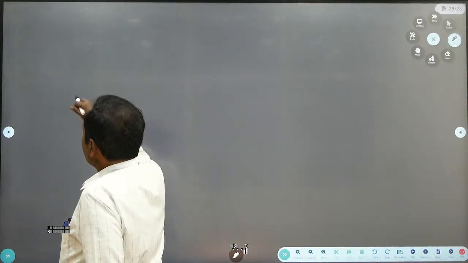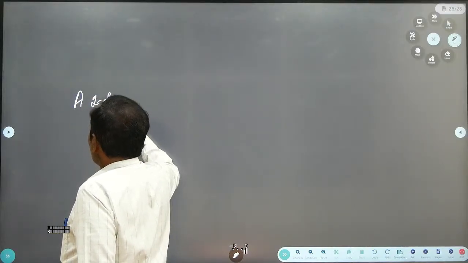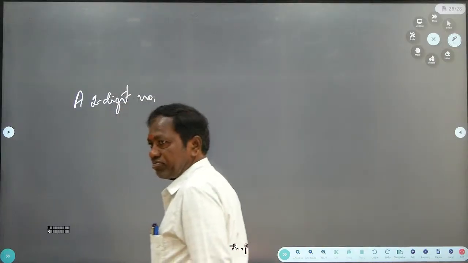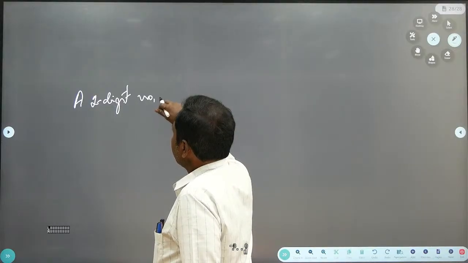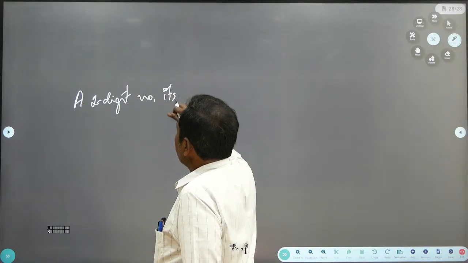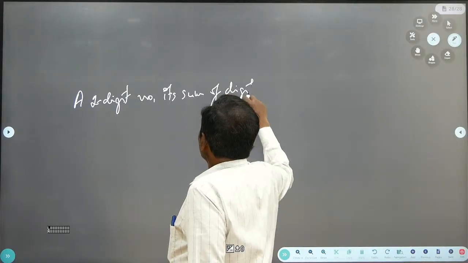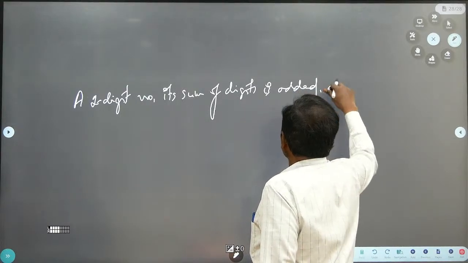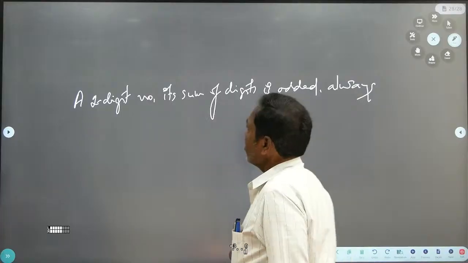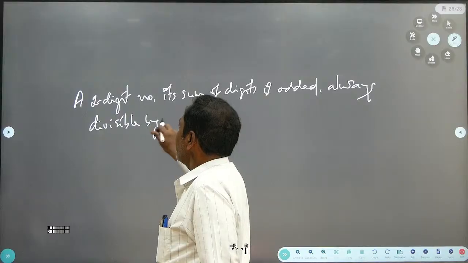See, a 2-digit number, the sum of its digits is always divisible by 11.